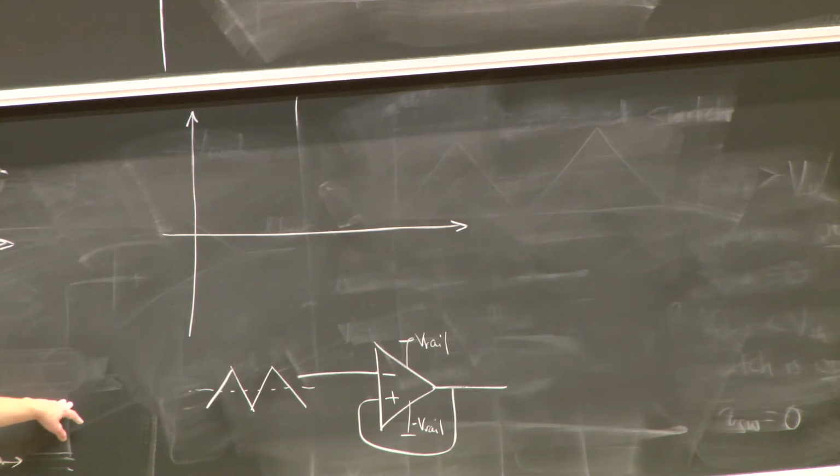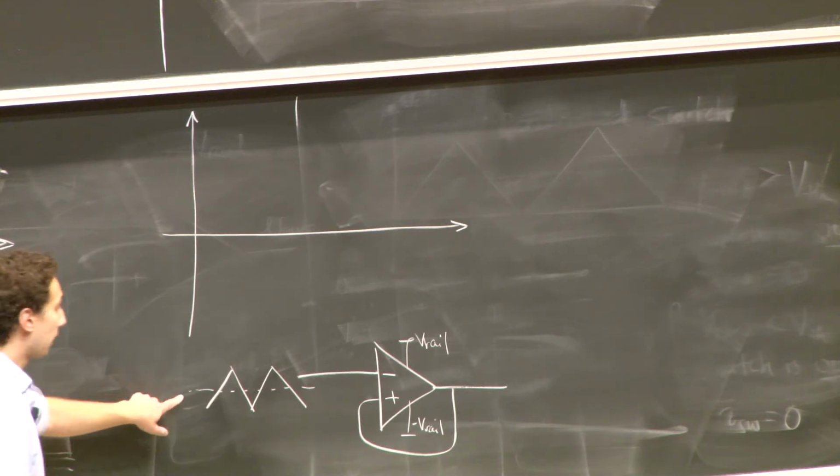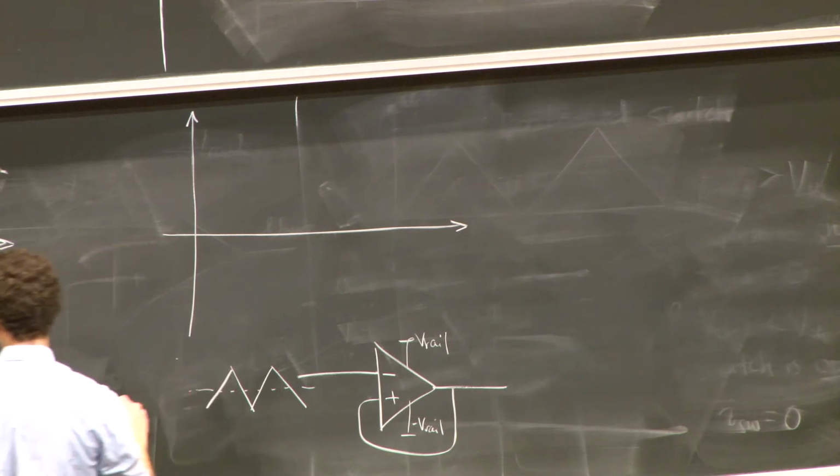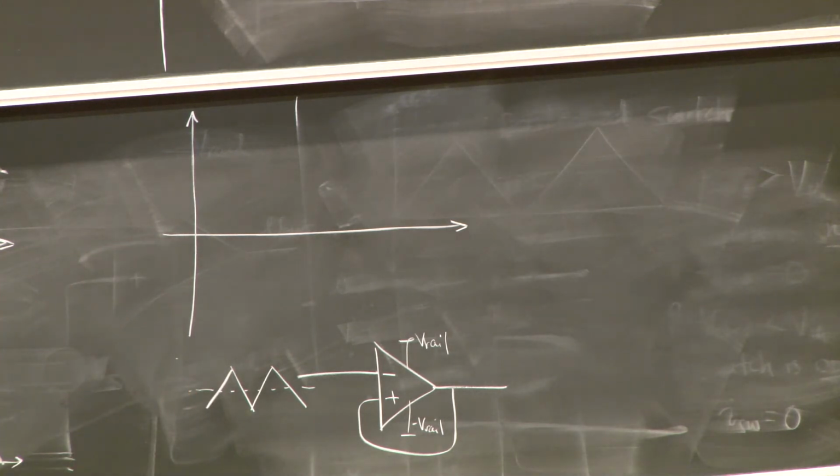Okay? Now let's say that this triangle wave that I've drawn never actually gets to VRail. So let's say VRail is up here, and minus VRail is below here. What'll happen at the output?